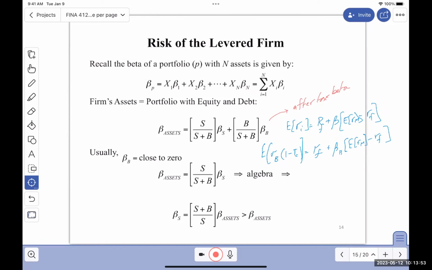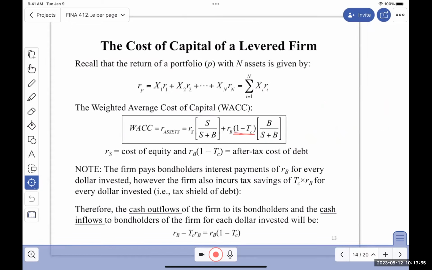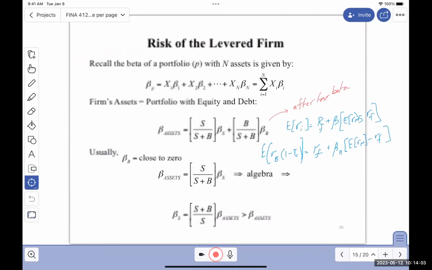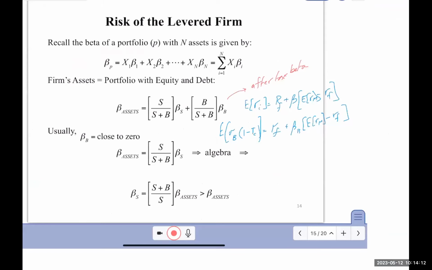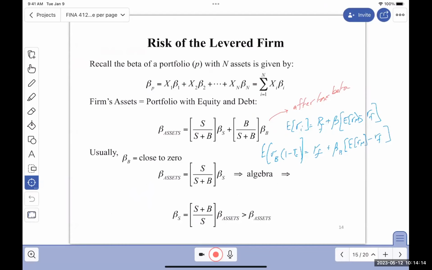This is just about the B. I'm just talking about RB. I'm trying to explain how we take account of 1 minus TC with the beta. Because I've just written that the beta of assets is the weighted beta, just like on the SML, if you mix two assets together they end up also on the SML.